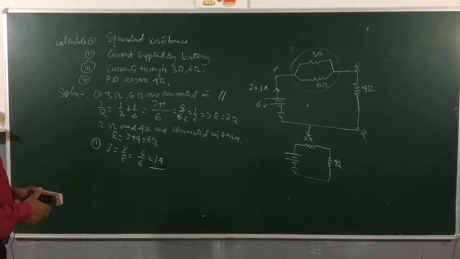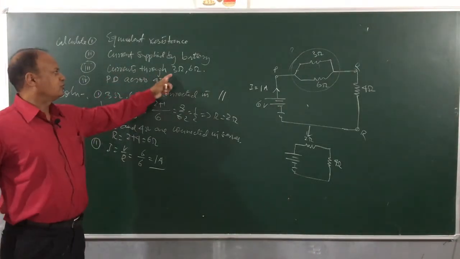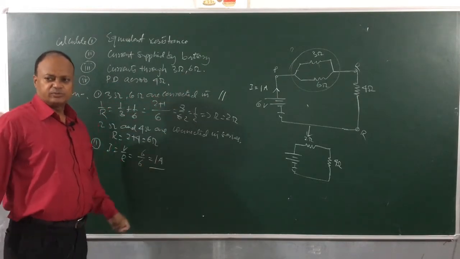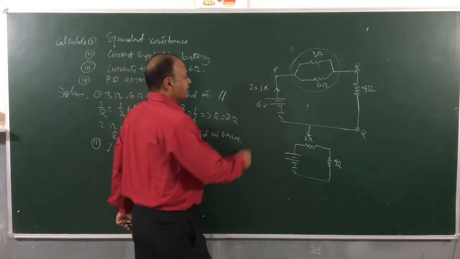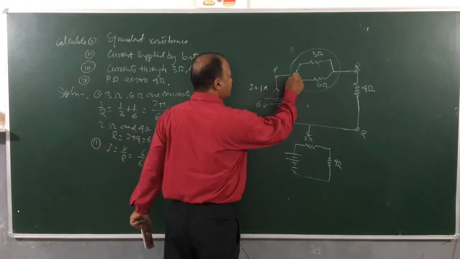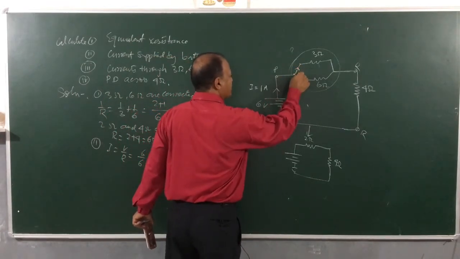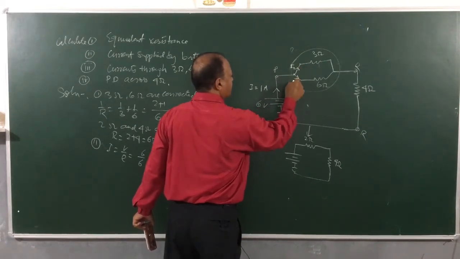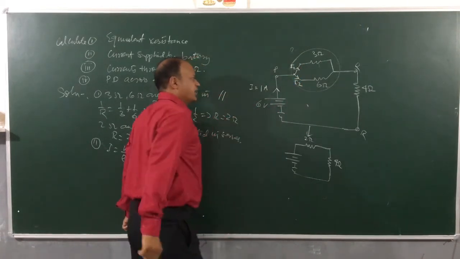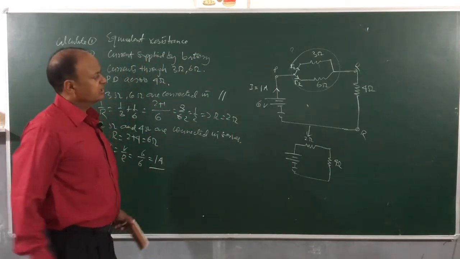Now they are saying third part, current through 3 ohm and 6 ohm. Let's try to understand the circuit, children. Current I is traveling up to this point and distributing in these two branches. I'll assume this current is I1 and this current is I2, right?